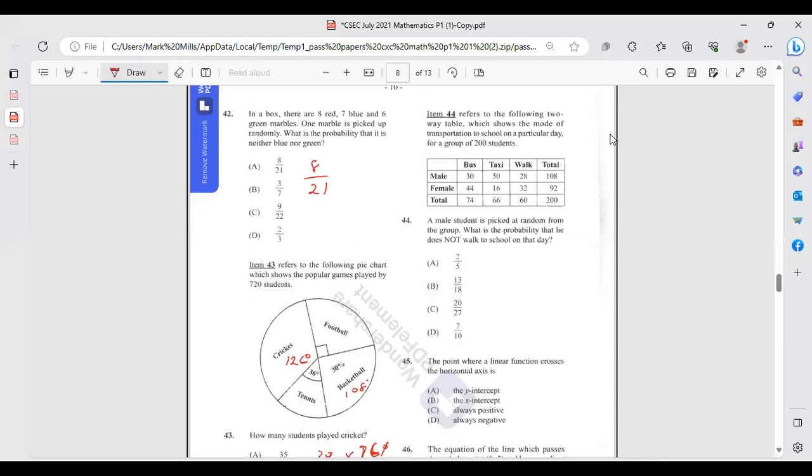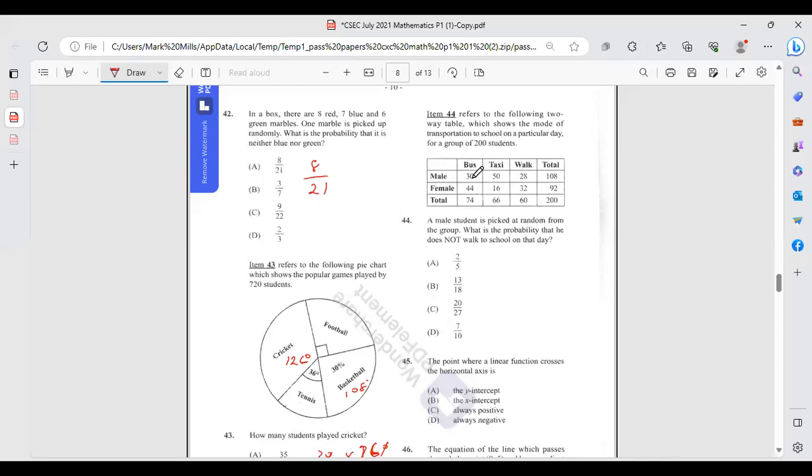How do I approach this question? A male who does not walk to school that day. So you're going to add 44 and 16 and divide by 92?